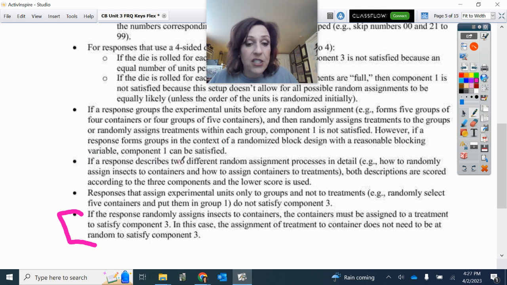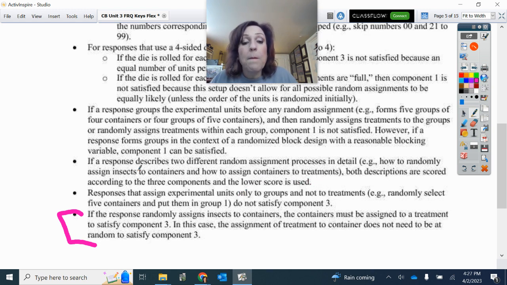If a response describes two different random assignment procedures in detail, for example, how to randomly assign the insects to the containers, and then how to assign containers to the treatments, both descriptions are scored according to the three components and the lower score is used.